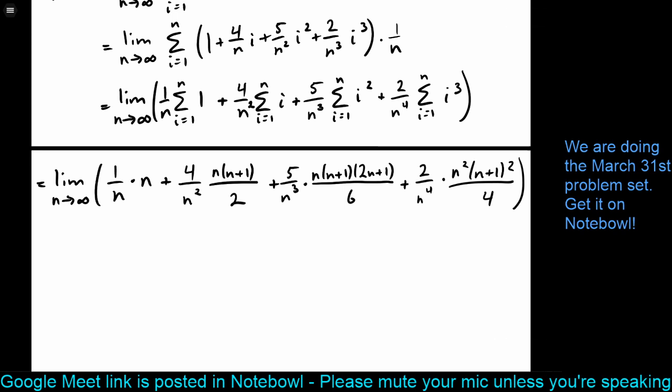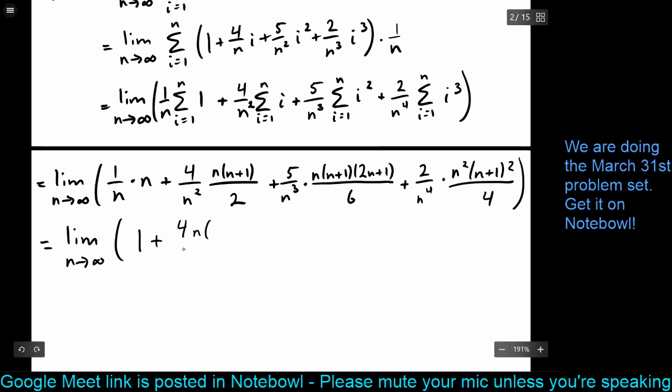All right, so now there are no more sums. Now it's just we need to do some limits. It could help if you want to simplify things a little bit. Like here, we can simplify this to a 1. Here, you can multiply this out if you want. I won't bother, actually.